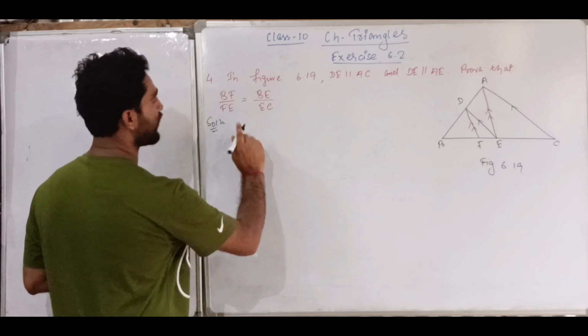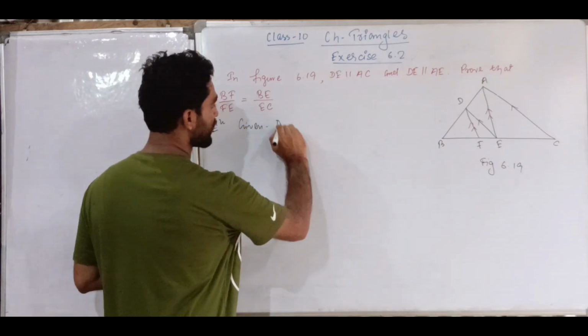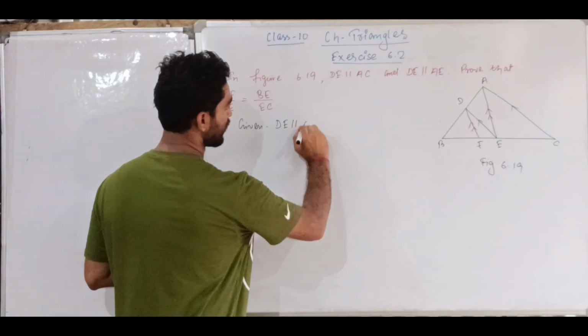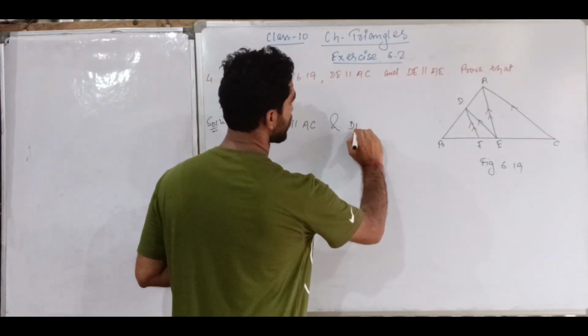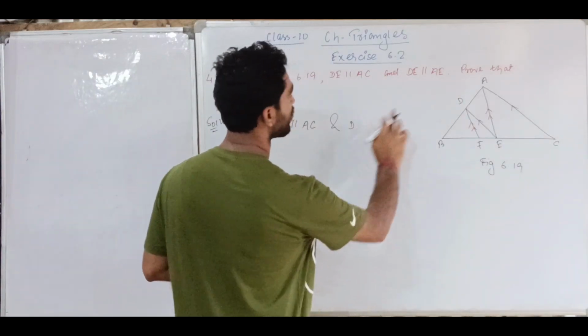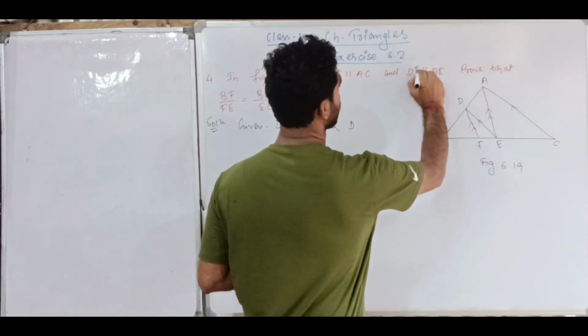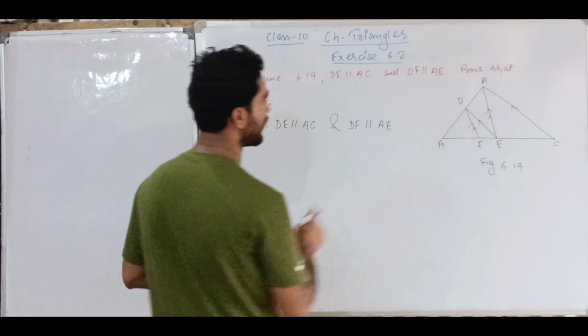So first, given. What is given? The first information given is that DE is parallel to AC, as well as DF is parallel to AE.